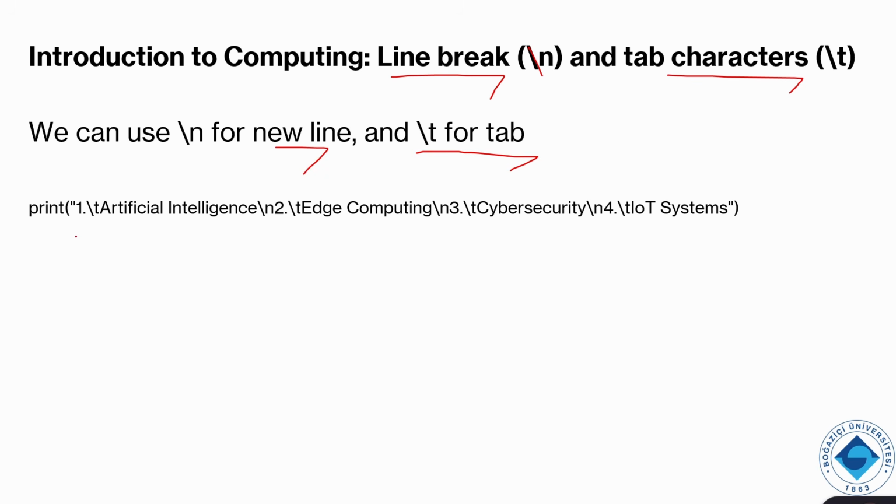So as an example, I put slash t here, so it will make a big space between one and artificial. And I put slash n here just before the number, so it will make a new line, and this part will start in the second line. This part will start in the third line like this.